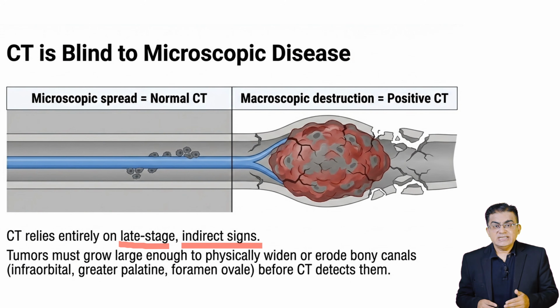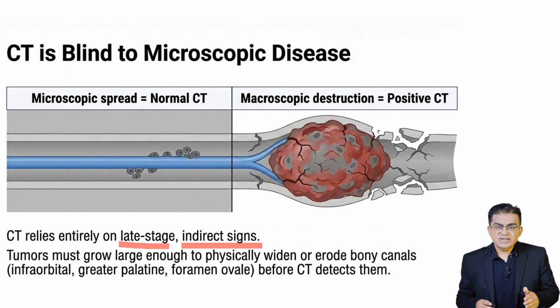But you cannot see direct nerves on CT often because CT has a poor soft tissue resolution. If the tumor is just a microscopic cluster of cells silently creeping along the nerve, the bone has not changed yet, and your CT scan will look perfectly normal even though the perineural invasion has started to develop.